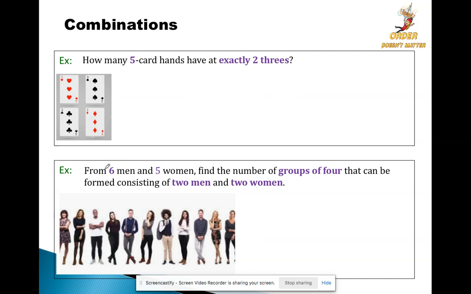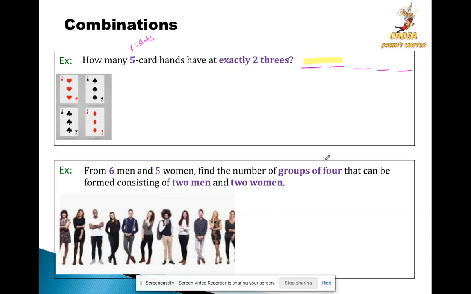How about this one? How many 5-card hands have exactly 2 3s? Wait a second. I have 5 slots, but 2 of them I want to be 3s.